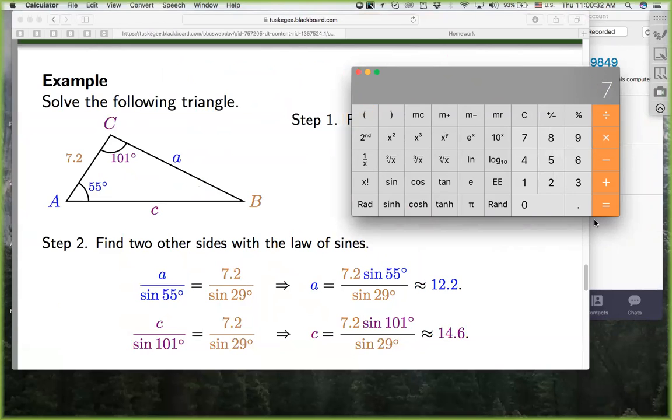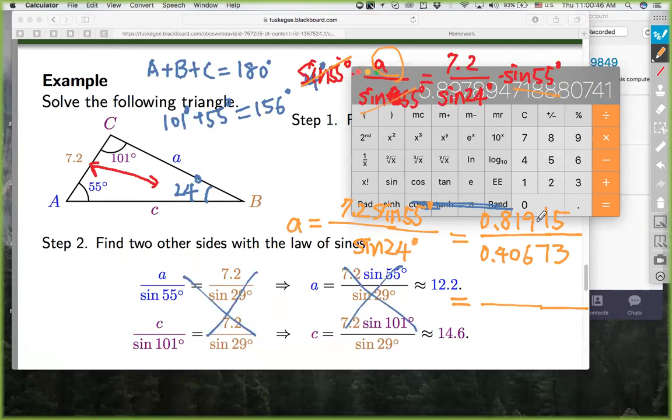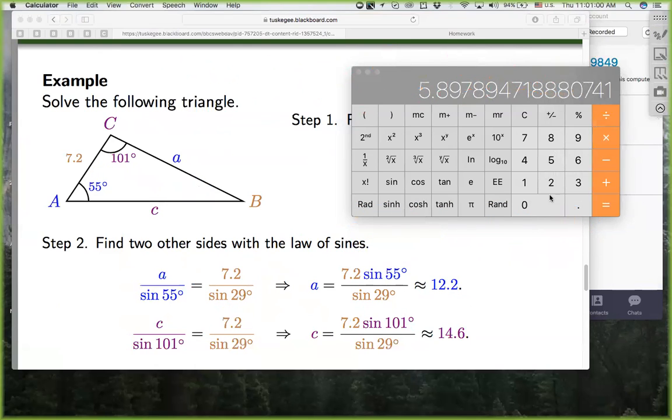Do it over. 7.2 times sine 55. And divide. Oh, I didn't multiply 7.2, sorry. Let's scratch that. This is 7.2 multiplied by the sine value. So if you do that, I get this number here on the calculator. And I divide this by sine of 24 degrees.